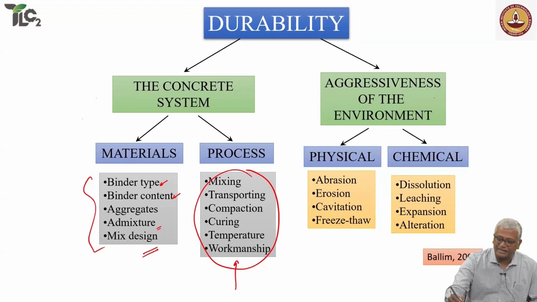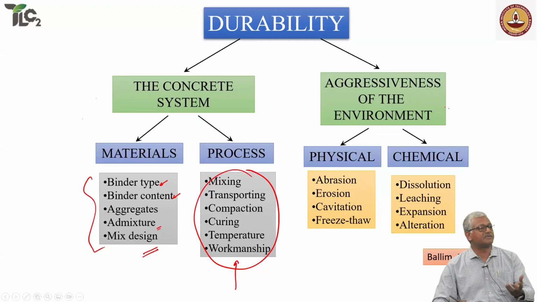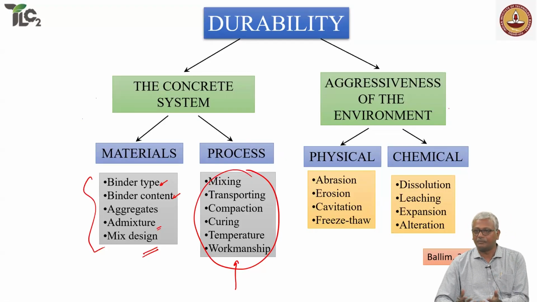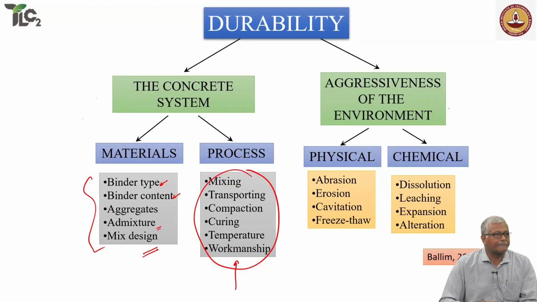Now, of course, the other side of durability is the type of environment for which you're designing the concrete, the aggressiveness of the environment. We have to obviously work with it. We have to ensure that the aggressiveness is understood based upon the kind of deterioration that is likely to happen. For instance, if I'm going to be designing a concrete structure in Chennai, what kind of aggressiveness should I consider? Chlorides, definitely.